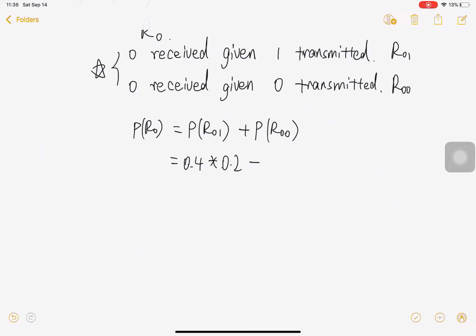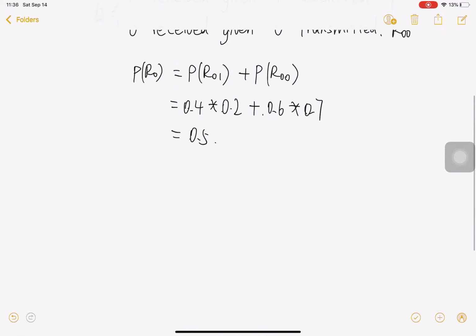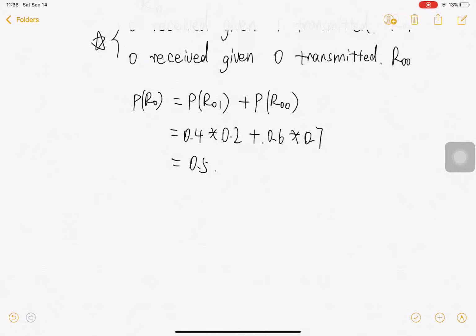Plus the second event here: the probability that 0 is transmitted, which is 0.6, and 0 received given that 0 is transmitted, which is 0.7. So in an easy calculation, we can get 0.5 as the answer to this question.